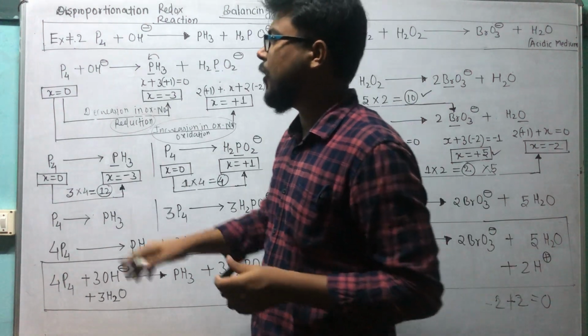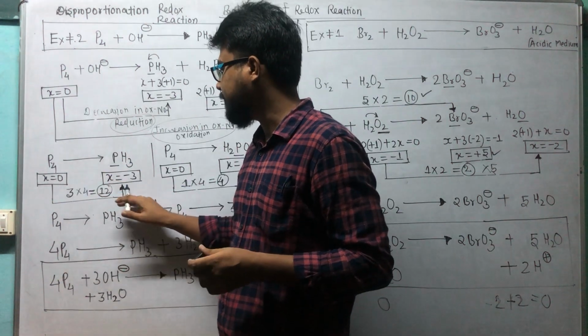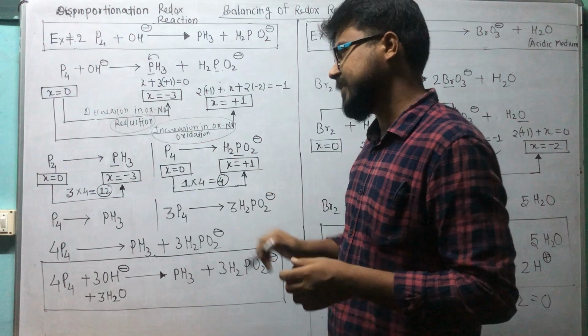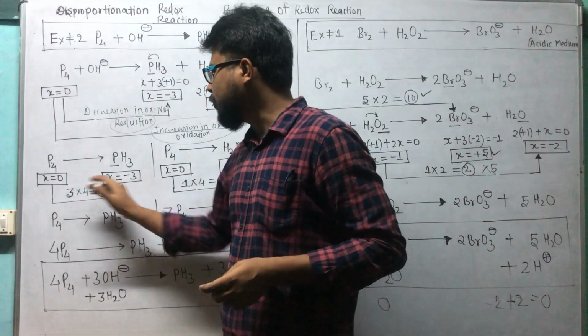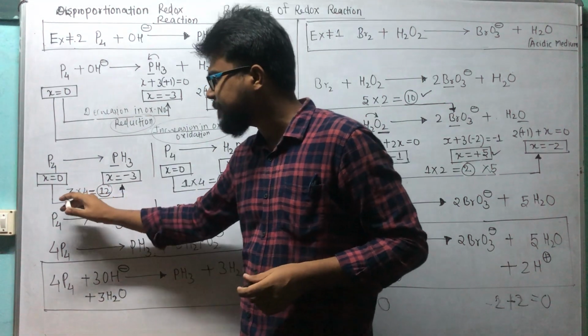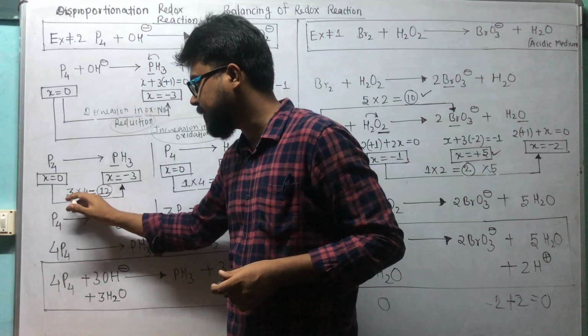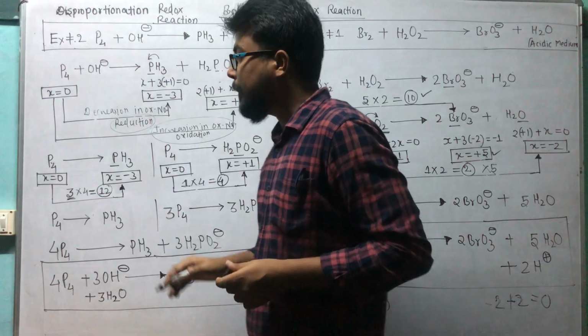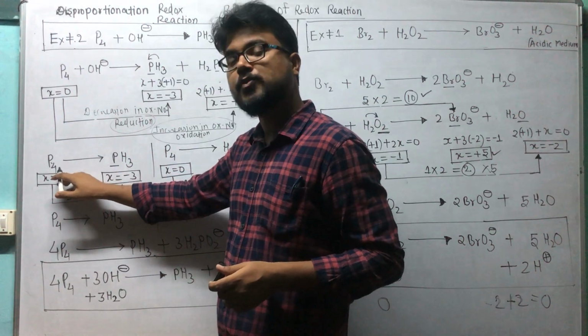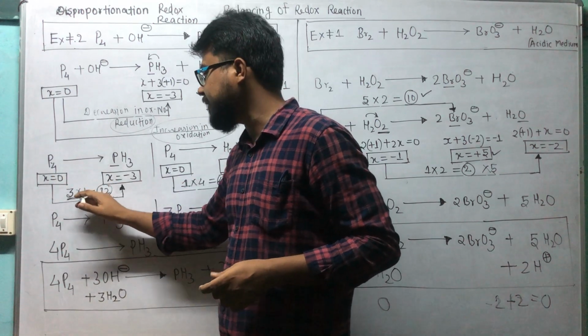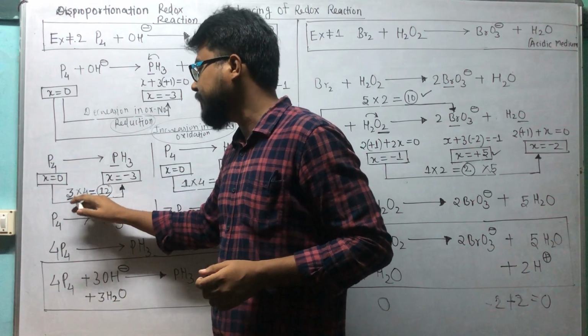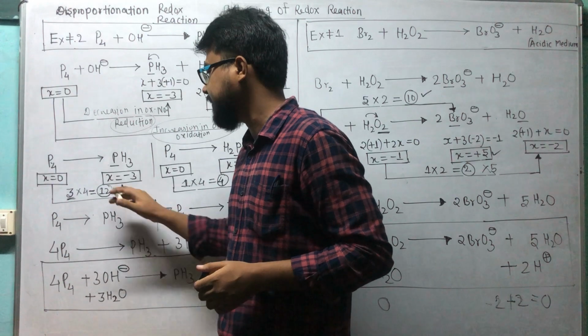Now I will calculate the oxidation numbers. Check here, 0 to -3, 0 to +1. Now 0 to -3, the change is 3, yes? Yes, the change is 3. But here there are 4 phosphorus, so I will multiply by 4. The answer is 12.